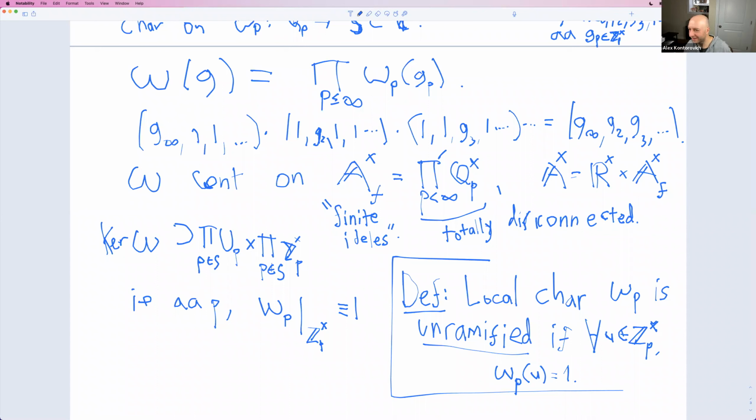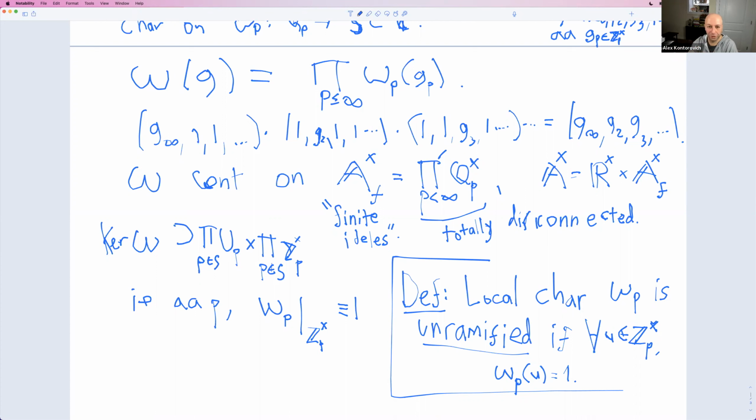So for the circle, the identity element's just one, right? Because it's a multiplicative group. Yeah. The kernel is the thing that maps to the identity.